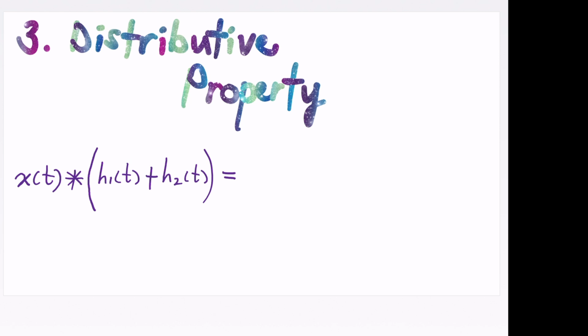Basically, the first signal involved in the convolution is xt, while the second signal is actually the addition of h1t and h2t.